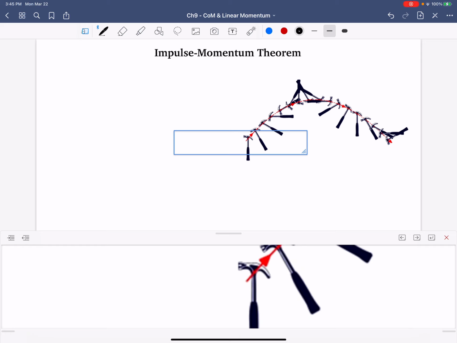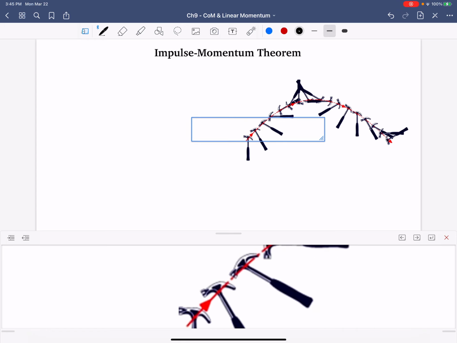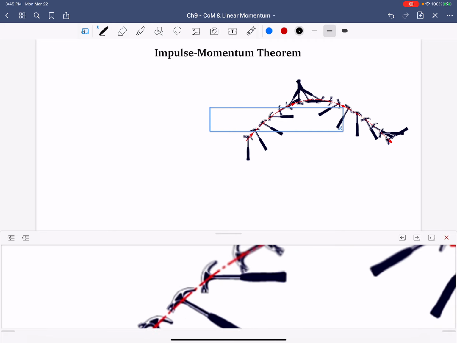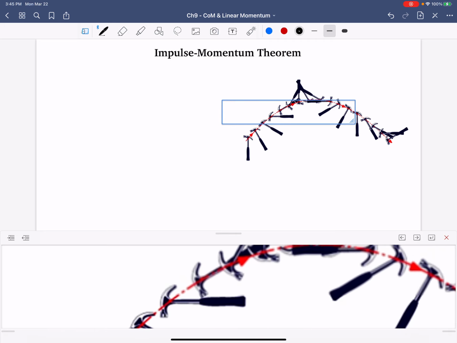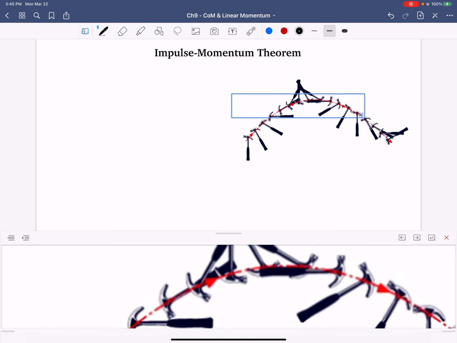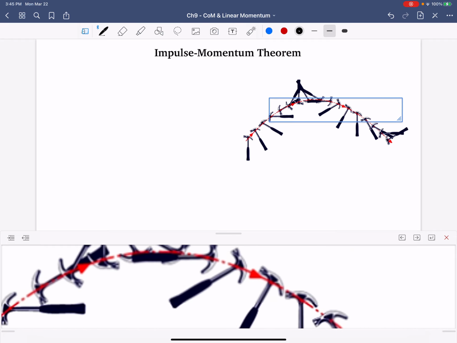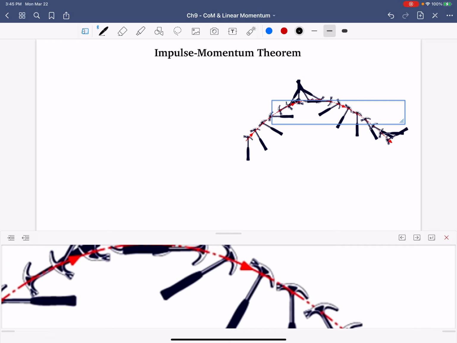And so as you throw the hammer in the air, it turns, but notice that the center of mass, the red dotted line arrow thing, always crosses the hammer at this exact same point, right? On the hammer. Because again, the mass distribution of the hammer is not changing.